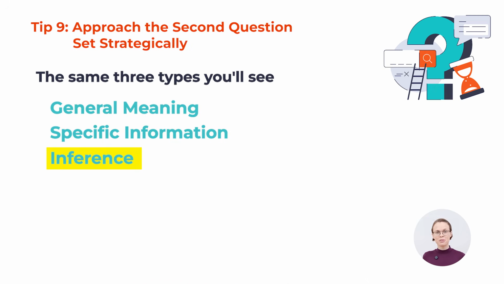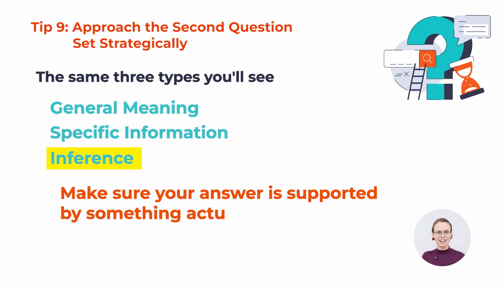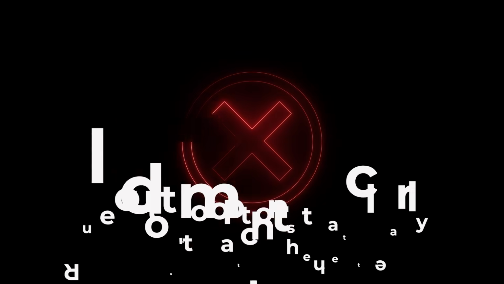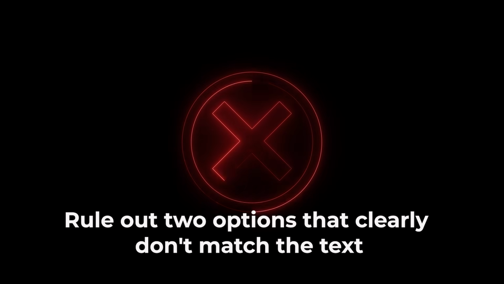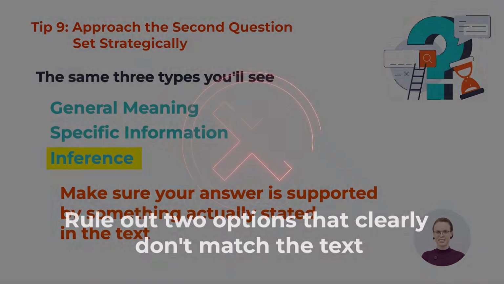And if it's an inference question, make sure your answer is supported by something actually stated in the text, not just something that seems reasonable. If you are unsure about an answer, use the process of elimination. If you can rule out 2 options that clearly don't match the text, you've already improved your chances significantly.